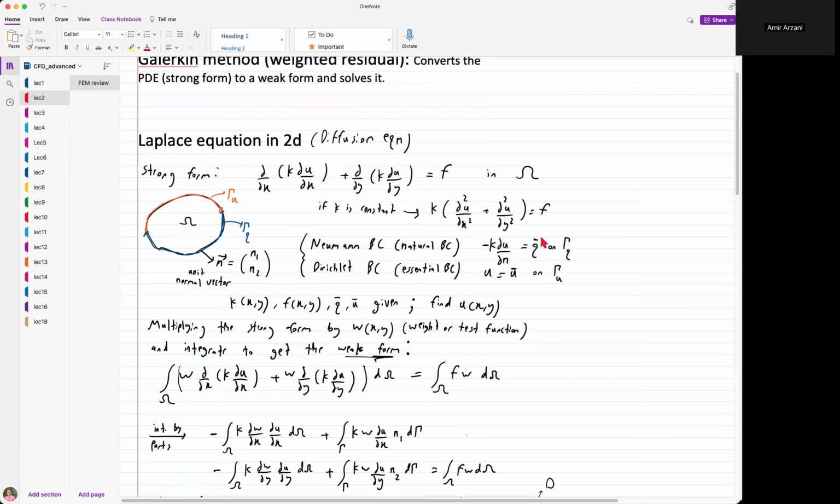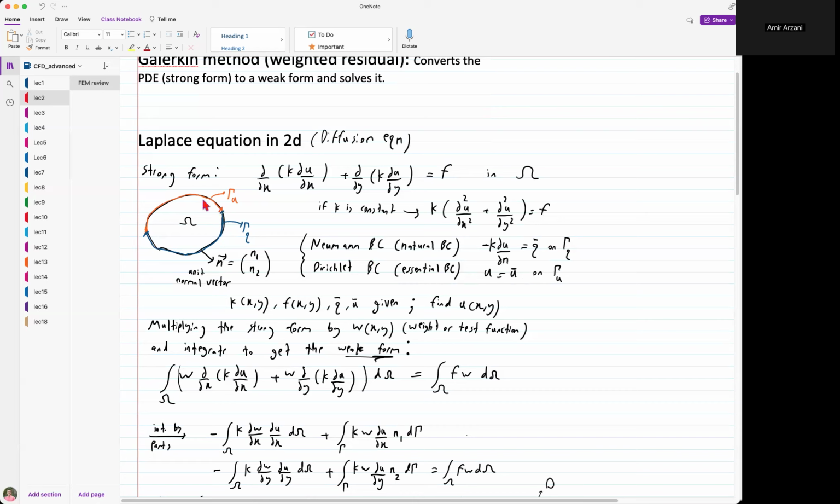In this case, our transport problem is a pure diffusive transport equation. So our Neumann boundary condition, or flux boundary condition, is just minus k partial u partial n, like a diffusive flux. And on the other portion of the boundary, gamma u, we are given the Dirichlet boundary condition, also known as the essential boundary condition, which essentially means that the value of the solution is exactly known at that location.